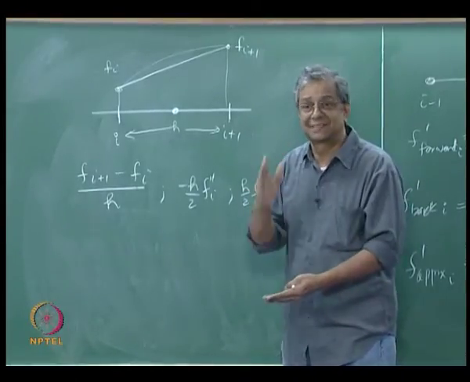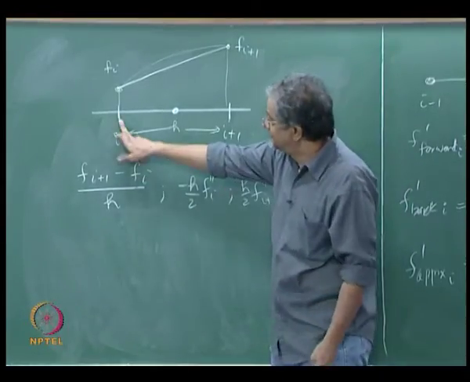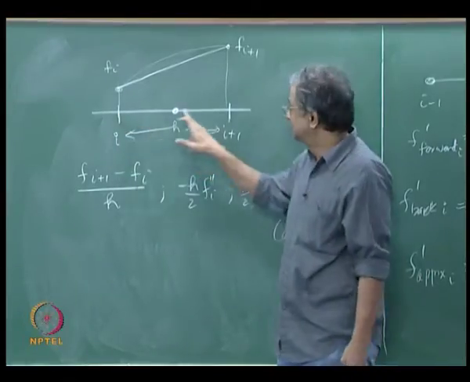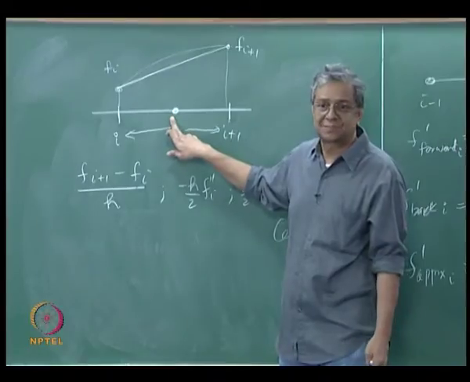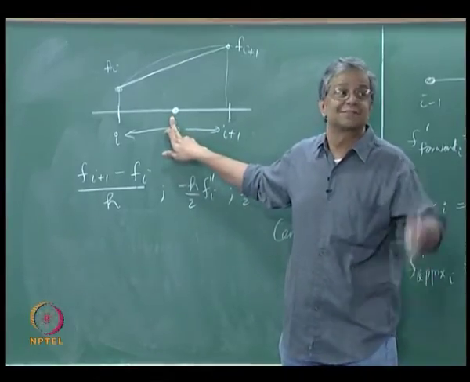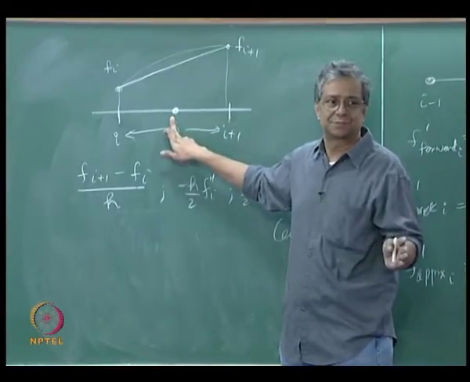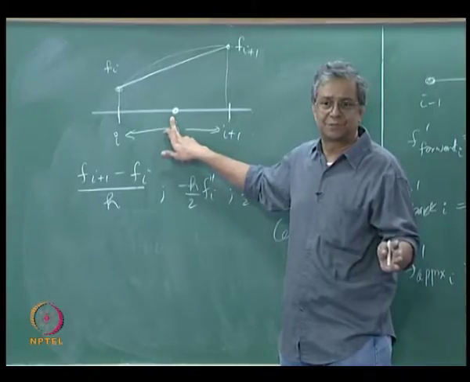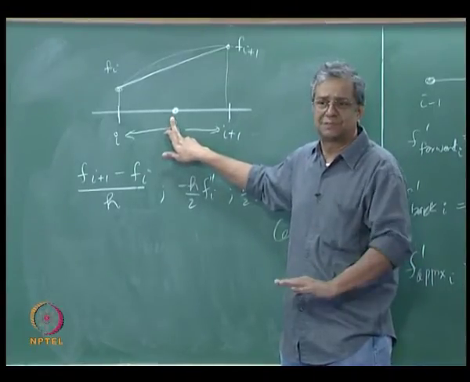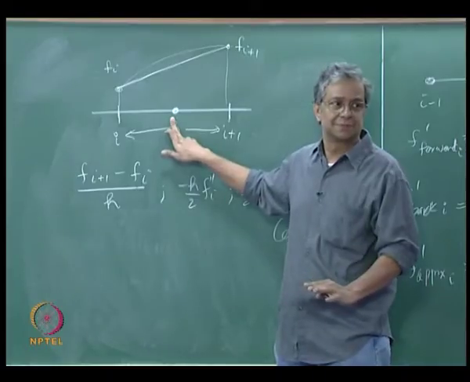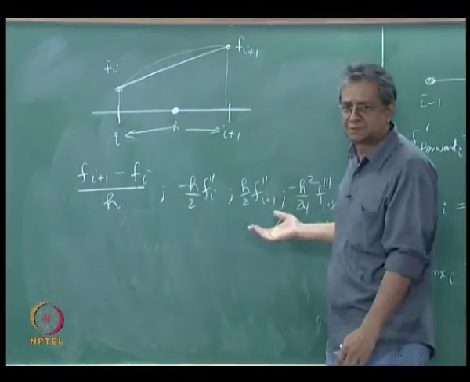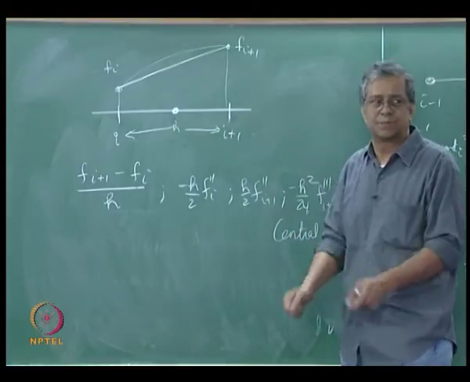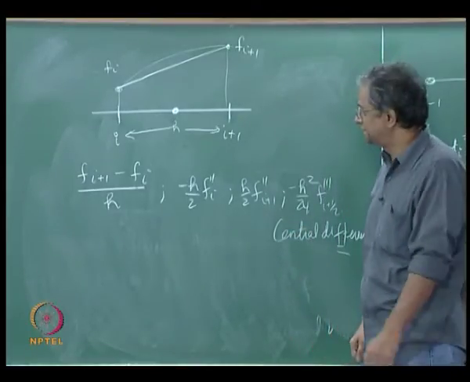Here it is an approximation which is first order, here it is an approximation which is first order, in between it is an approximation which is second order, and at some unknown point it is an exact representation. Somewhere in between for a continuous function, (f_{i+1} minus f_i) divided by h is the derivative. It is the fact that we do not know at what point it is the tangent that gives us this truncation error.